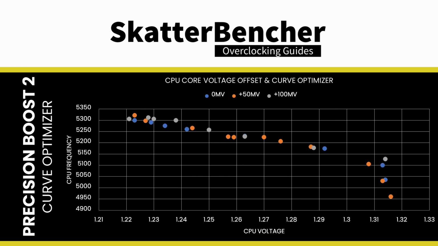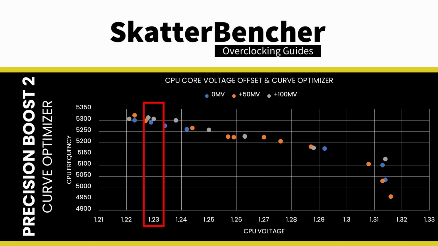Second, let's look at the chart mapping the voltage frequency curve. Here we can see the impact of curve optimizer and voltage offsets on the operating frequency. The curve is homogeneous, indicating that the precision boost algorithm always tries to maximize the frequency for a given operating voltage, regardless of the curve optimizer or voltage offset.